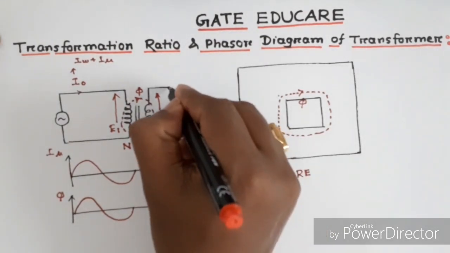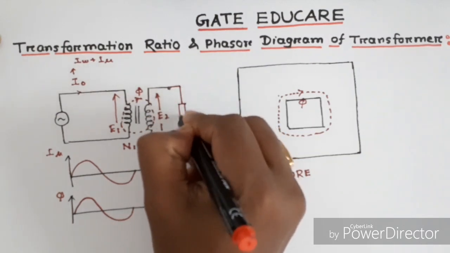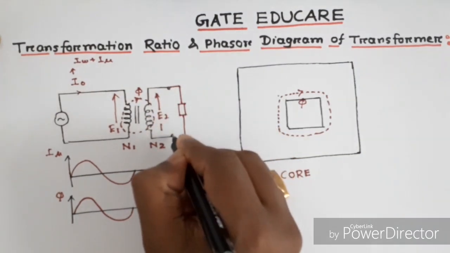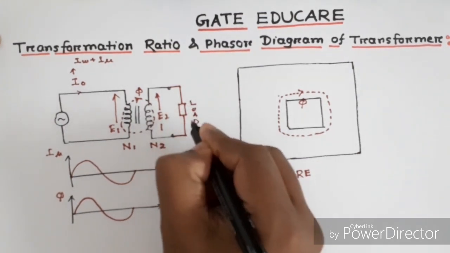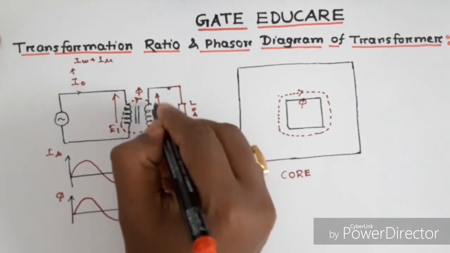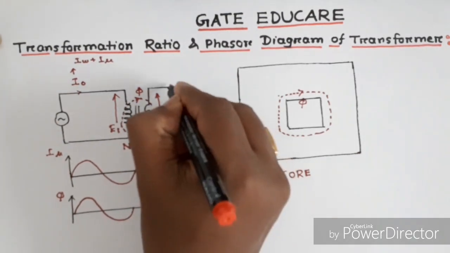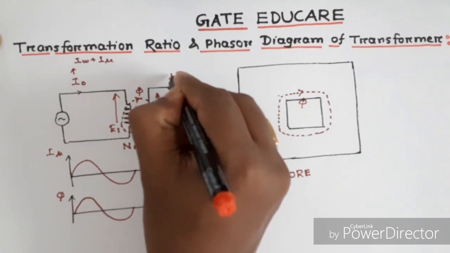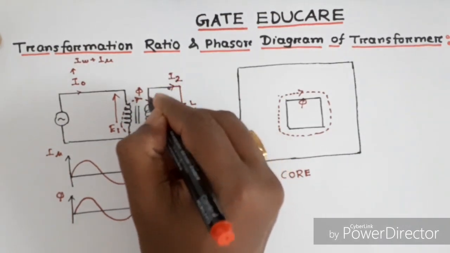Now, whenever a load is connected across the output terminal of the transformer, this is the load. Since there is an induced EMF E2, as soon as we connect a load, a current I2 starts flowing through the transformer secondary winding.